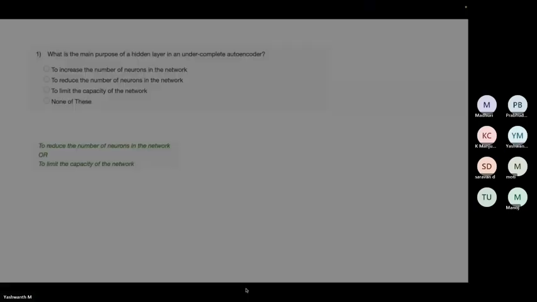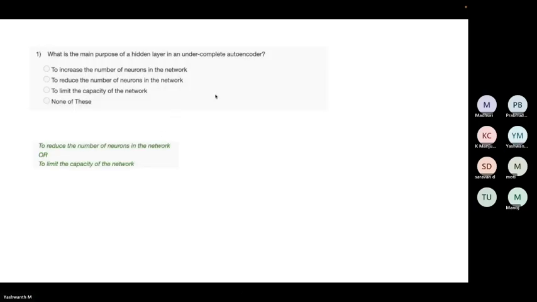So the first question is: what is the main purpose of the hidden layer being smaller than the input, that is, the representation vector having a lower dimension than the input?